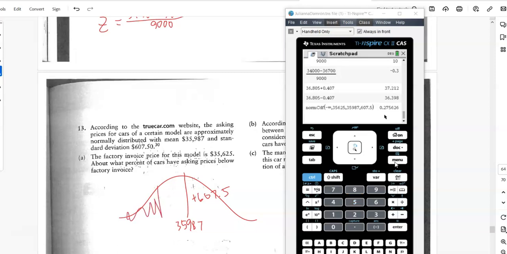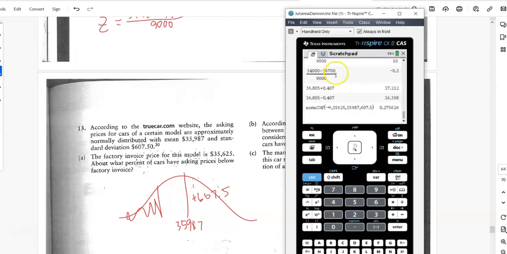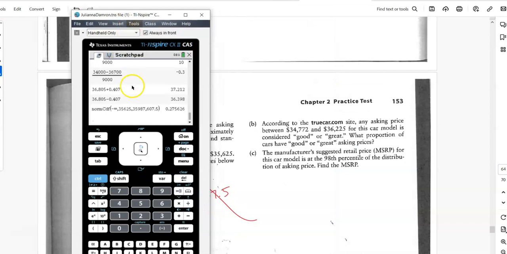You're kind of sketching over there at 27.5%. According to TrueCar.com, an asking price between 34,772 and 36,225 is considered good or great. What proportion of the cars have good or great asking prices? Okay, so for those kinds of prices, we use menu 652 again.